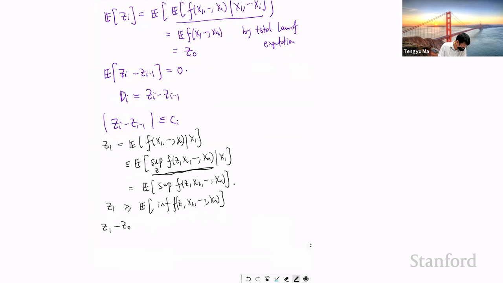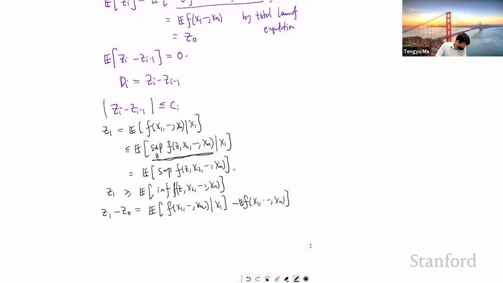If you look at z1 minus z0, this is the expectation of f(x1 up to xn) conditioned on x1, minus the expectation of f(x1 up to xn).